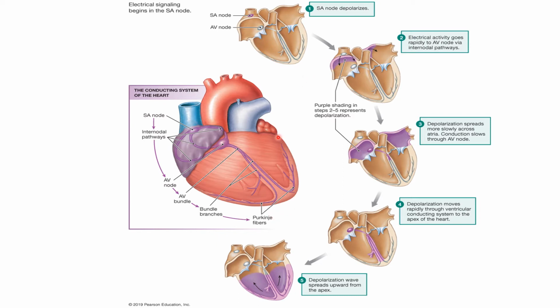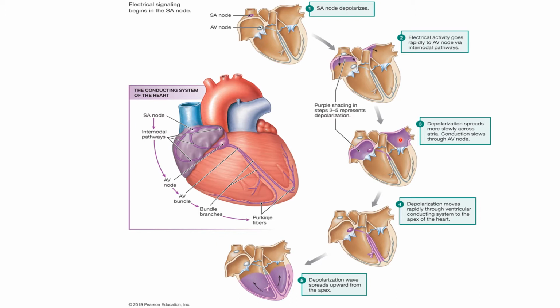Those electrical messages that are going to be initiated by those autorhythmic cells are also going to spread throughout the heart chambers. And as you can see right here, the purple color is representing the action potentials or the depolarization wave spreading throughout your heart chambers.